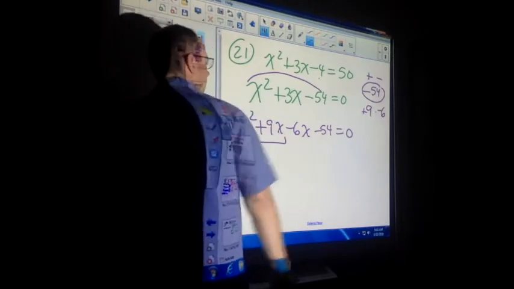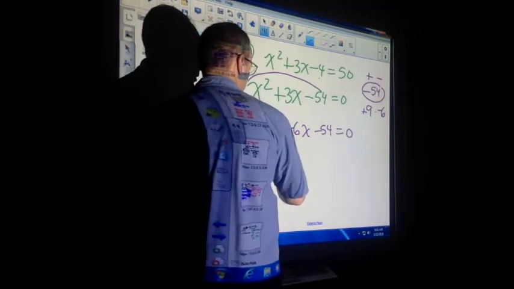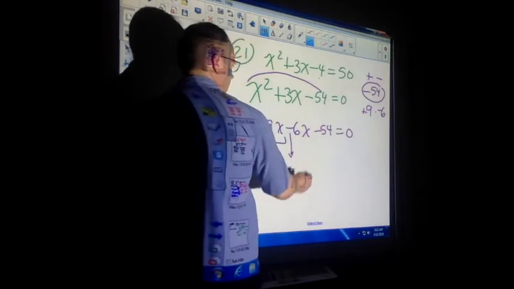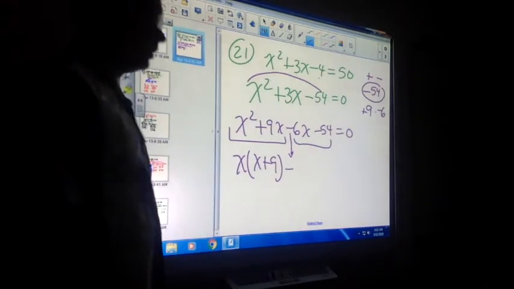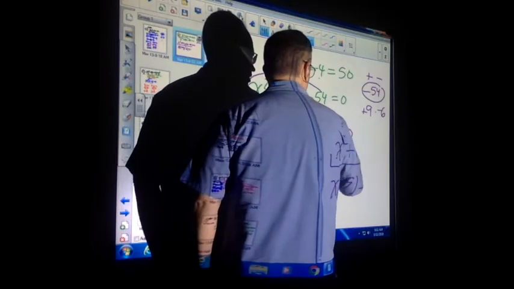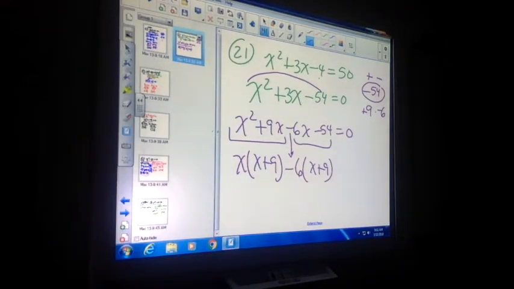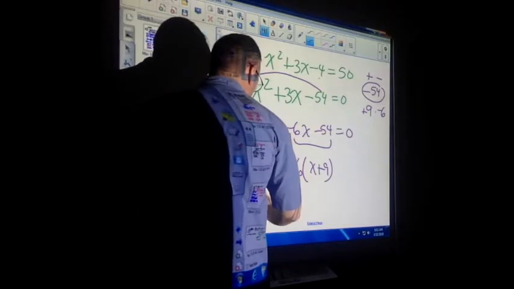What do I have in common here? An x. An x plus 9. Bring that down, so it's negative. What do I factor out of these? 6. And because I factored out a negative, both those signs change. Agree? All right, so my answer is x plus 9, x minus 6, right?